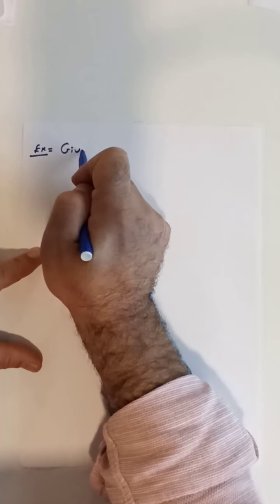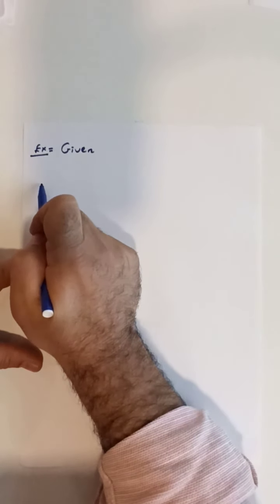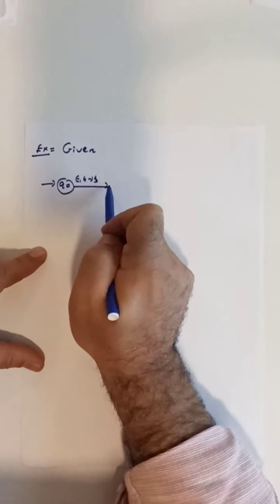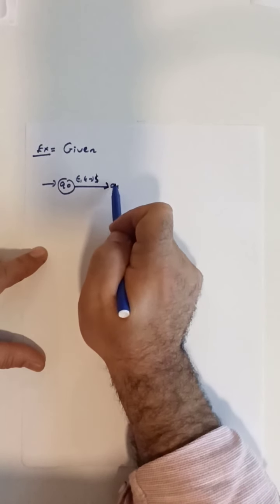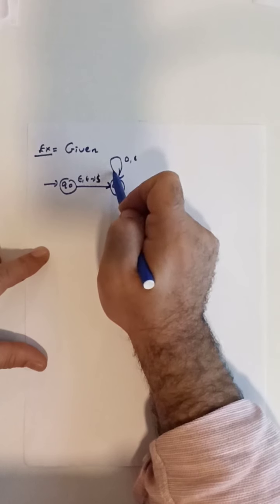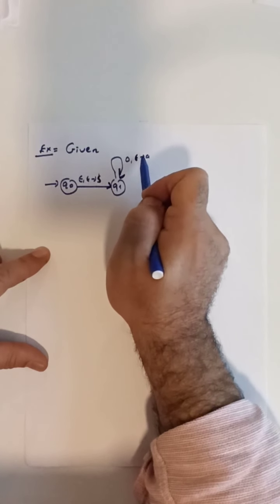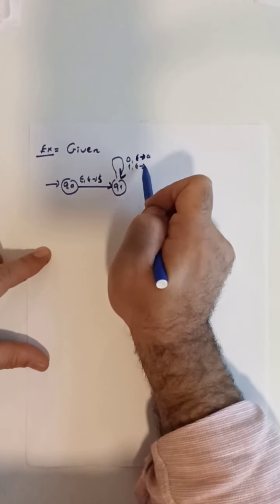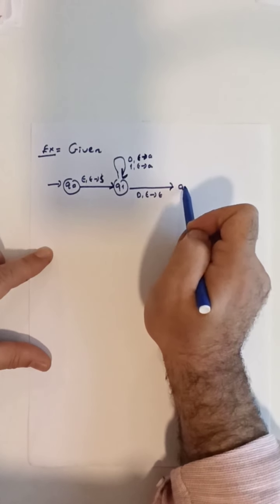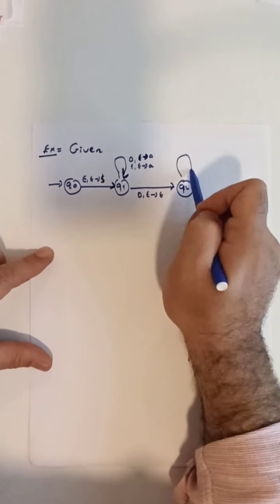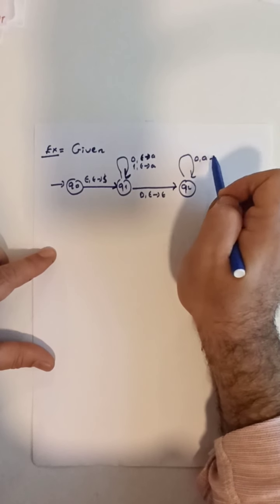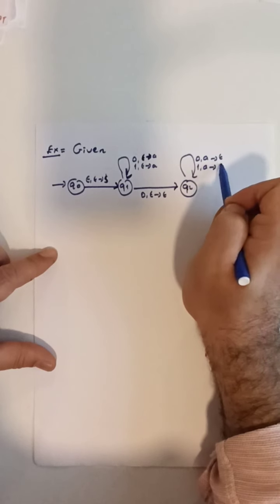So given the following PDA: Q0, the first transition is epsilon, dollar, goes to some state Q1, which has a loop: 0, epsilon, and A, and 1, epsilon, and A. Another transition, 0, epsilon, and A, goes to Q2, which also has a loop: 0, A, epsilon, and 1, A, epsilon.